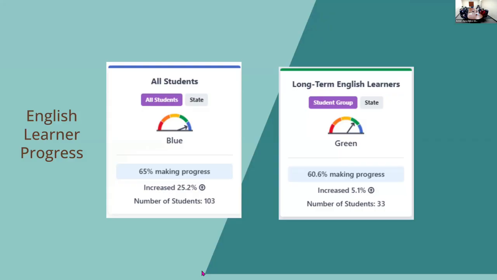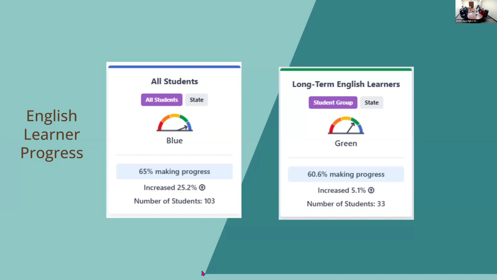Our long-term English learners are in the green. 60% of them are making progress, with a 5.1% increase. On that other slide where I have long-term English learners in the red, that just means I need to reach out and see who specifically the students are and what their need is. But as it relates to their English learning, as opposed to their math, they made significant improvements.